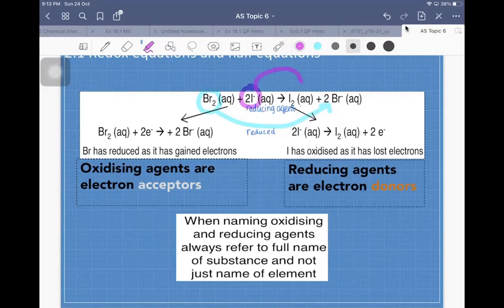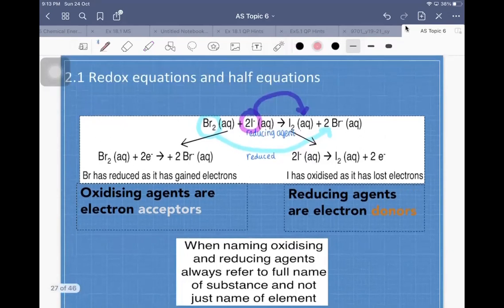Iodide is being oxidized to iodine, and this is called an oxidation process. Okay, if iodine is being oxidized, that means bromine is the oxidizing agent. Okay, so I repeat, bromine oxidizes iodide into iodine.